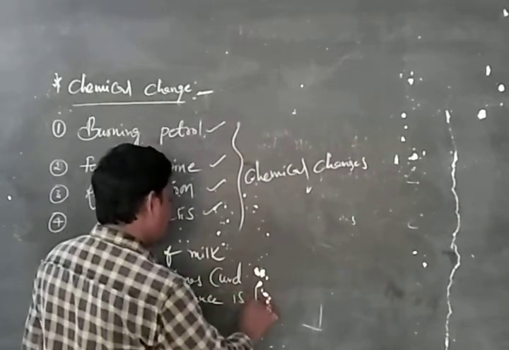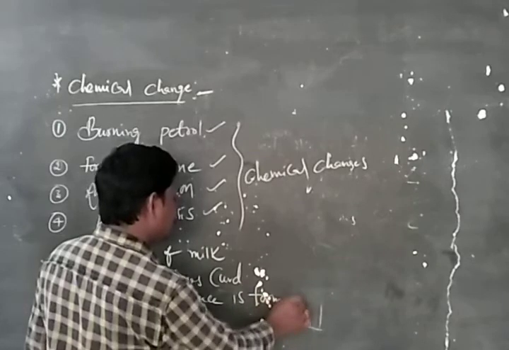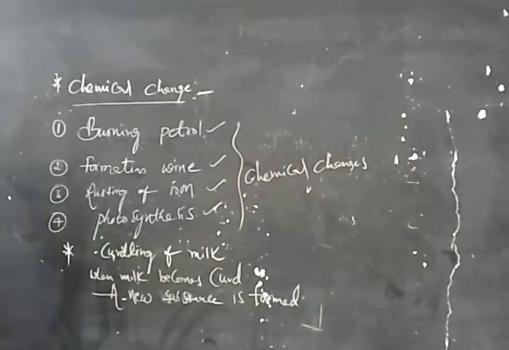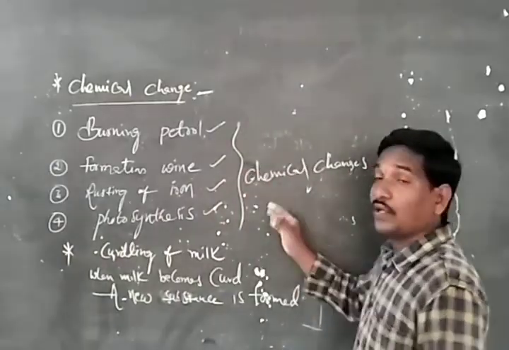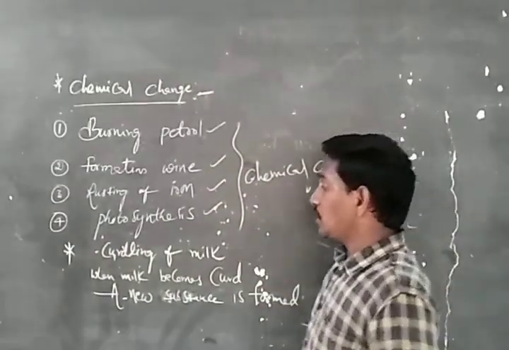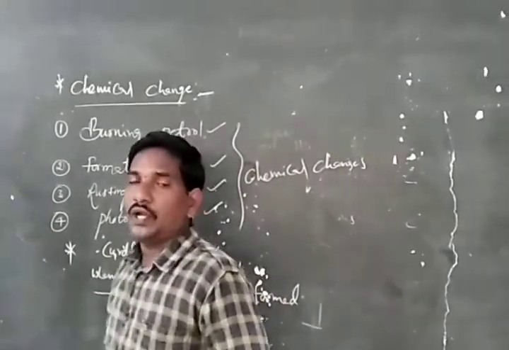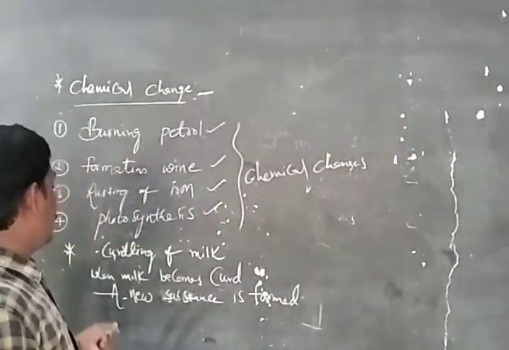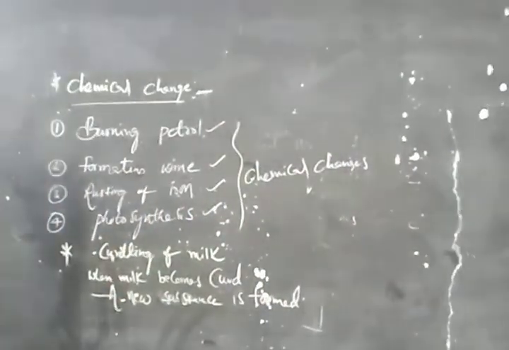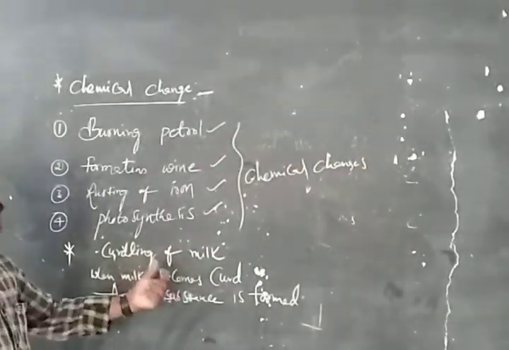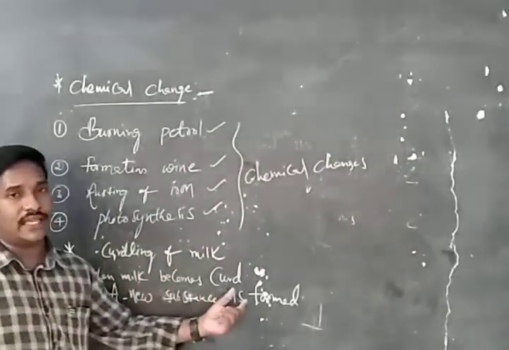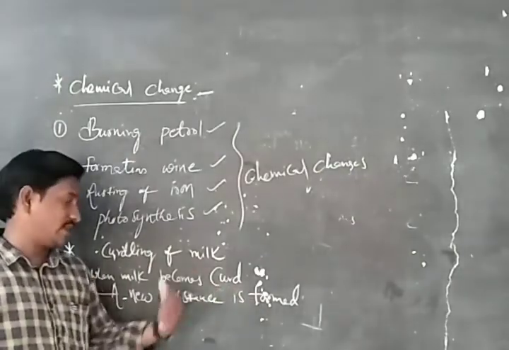The burning of petrol, formation of wine, rusting of iron, photosynthesis, all these are chemical changes. So when milk becomes curd, a new substance is formed, and we cannot get milk back.